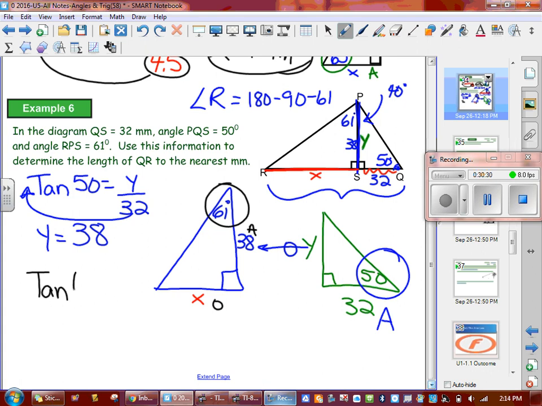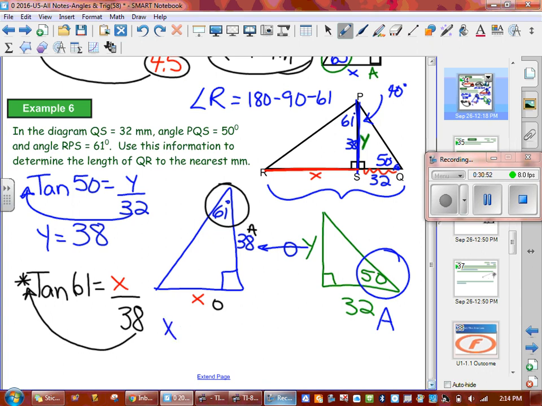Again, x is on top, so I'm going to take 38 times tan 61. And then we're going to find x is equal to 69. So x equals 69, and to get the full distance, you take 69 and add it to 32. So 69 plus 32 gives you a distance of 101. And that is your distance from R to Q.